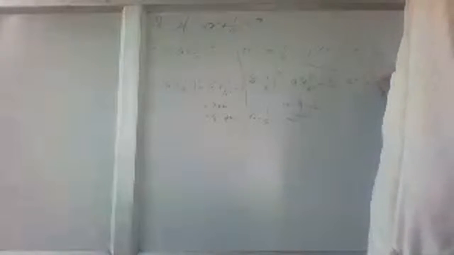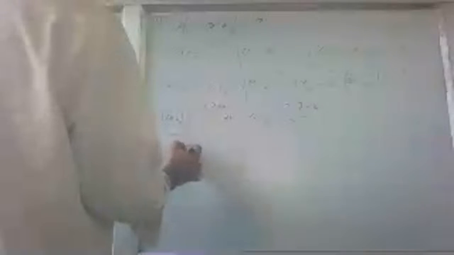Now to find a square minus 1 upon a square: a square minus b square is equal to a plus b multiplied by a minus b.